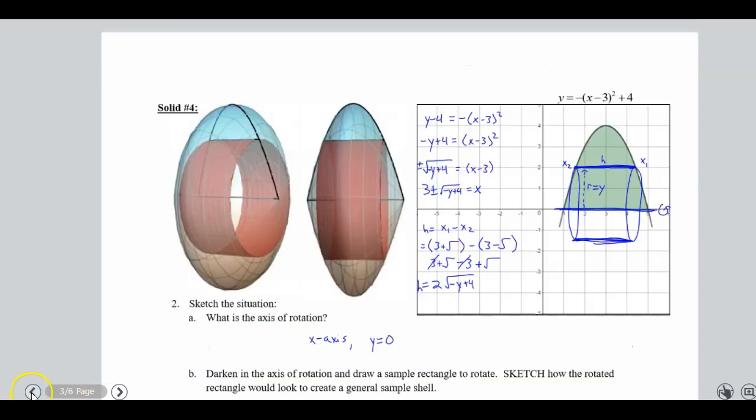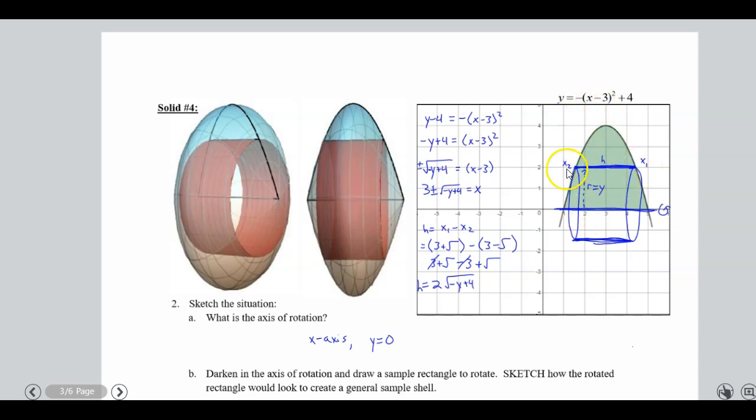So just like on the last one, if I were given this without saying a specific method, use shells or use discs or anything like that, I would definitely draw my rectangles vertically, and to avoid rearranging this equation, I can just grab the y value off of that and change it into x really easily if I have vertical rectangles.